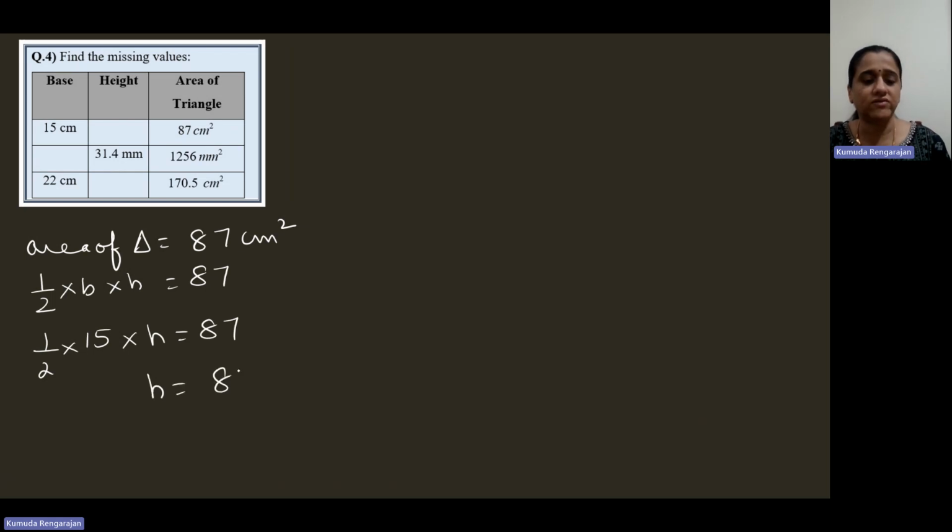H is equal to 87 into 2 by 15, as the 2 comes to the other side. Correct? Now you need to simplify and you can cancel by the tables of 3. 3 5s are 15 and 3 29s are 87. So now multiply and divide and write the value of h as a decimal or as a fraction.